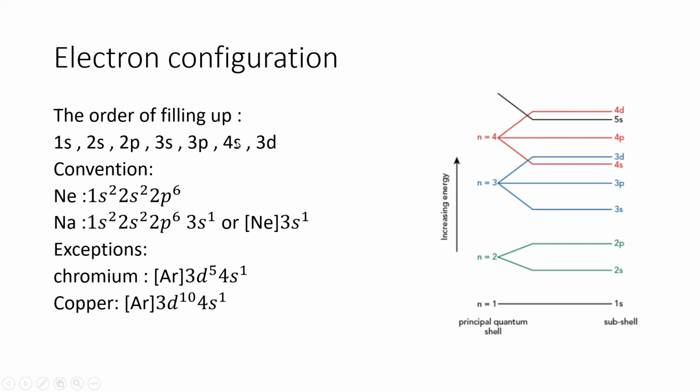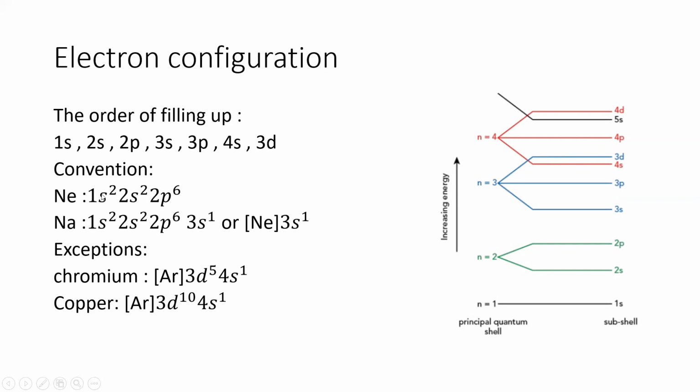Despite the fact that 4s is filled before 3d, when it forms ions, electrons are always removed from the 4s subshell. So if you look at this chart here, 1s will be filled first, followed by 2s, 2p, 3s, 3p. 4s fills first, and then 3d, but 4s is technically on a higher level, so electrons are removed from 4s first.